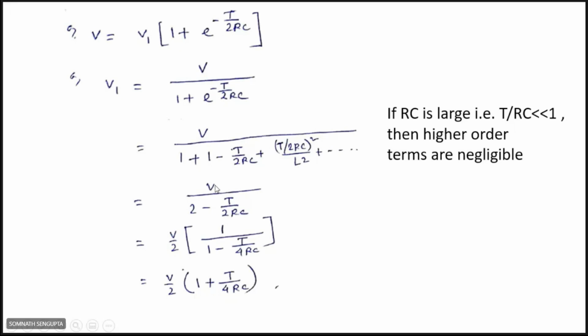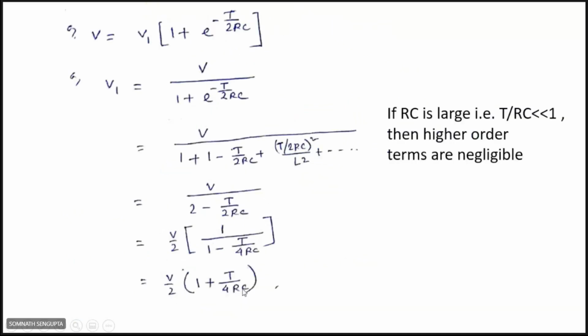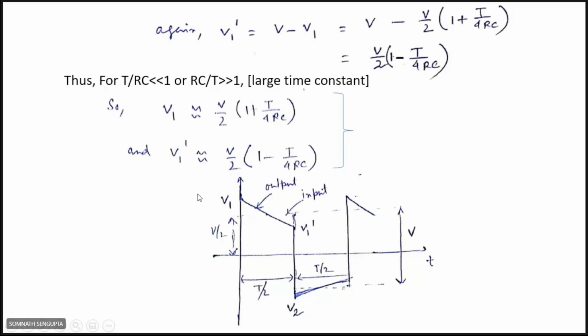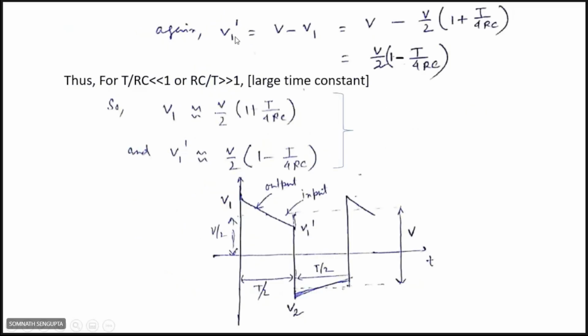Now it will become V by 2 minus T by 2RC. So it is V by 2 into 1 by 1 minus T by 4RC. And 1 by 1 minus x can be approximated to 1 plus x, so 1 plus T by 4RC. So this voltage level V1 is now coming to be V by 2 into 1 plus T by 4RC.